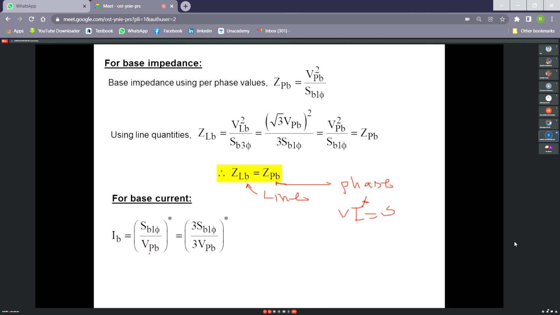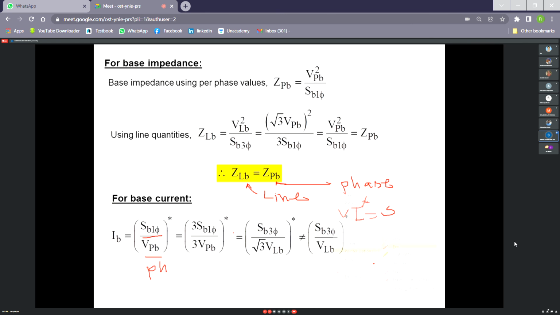So here it is in terms of the phase quantities. Now, if we want to convert it into line quantity, we multiply numerator and denominator by 3. So the numerator will be converted to the line quantity. But in the denominator, 3 VPB is not the line voltage, but root 3 into VPB is the line voltage. So one root 3 will be there.